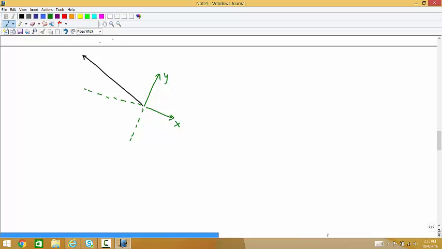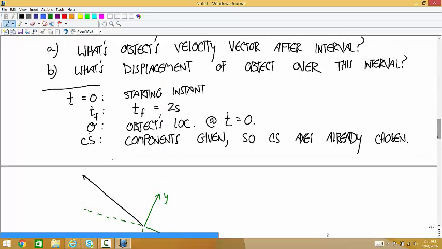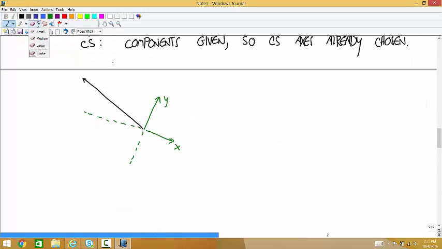You don't have to draw anything in a problem like this. So I would say I've probably already talked about this more than is helpful. I think the key thing is if you're given vector components, you don't have to choose a coordinate system. It's already been chosen for you, and the rest is just mathematical then. Okay. I'm going to erase this. Never think about that again.